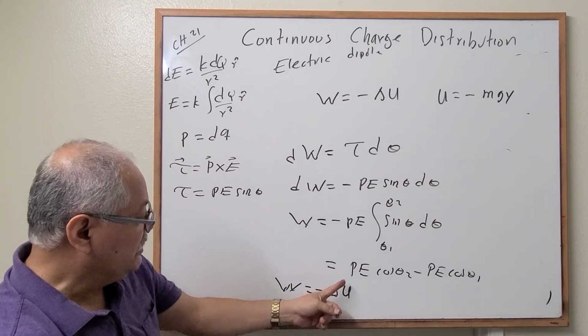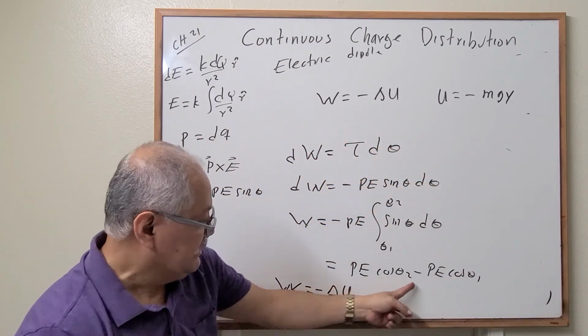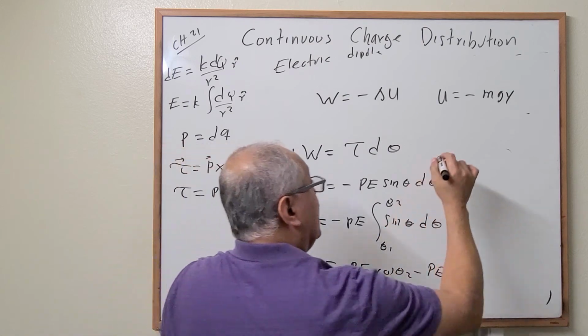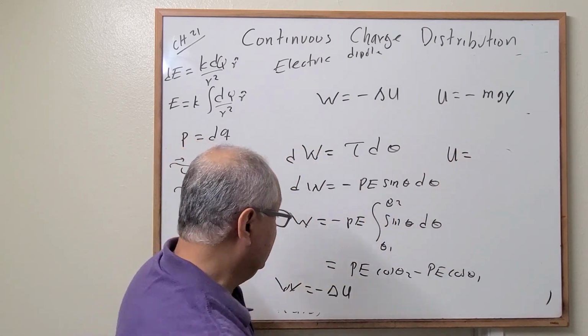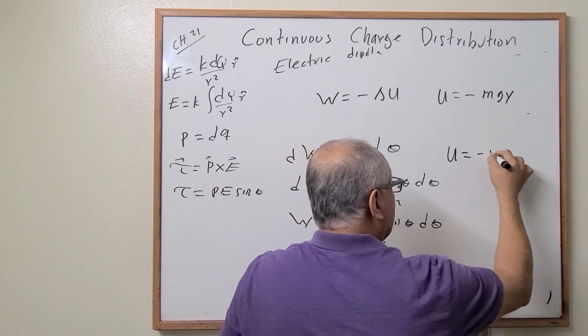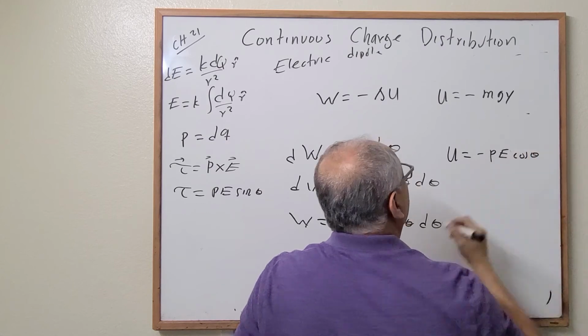Now let's define potential energy the same way as we did for gravitational potential energy. Taking these quantities, the potential energy for this electric dipole is equal to negative P, right, E cosine theta.